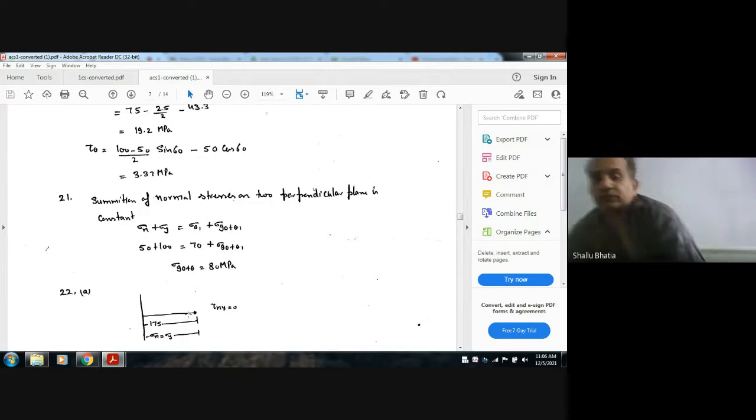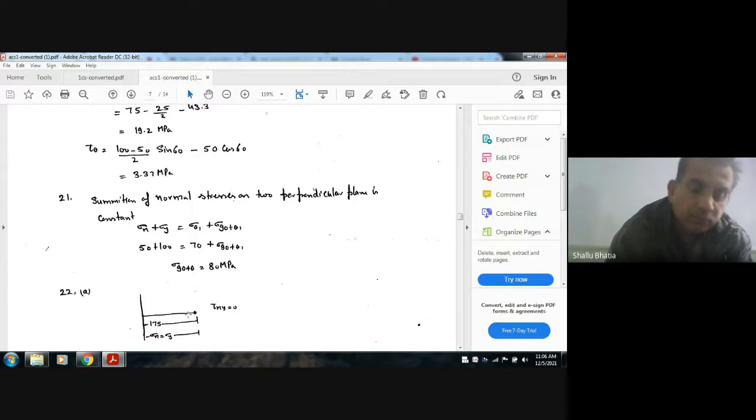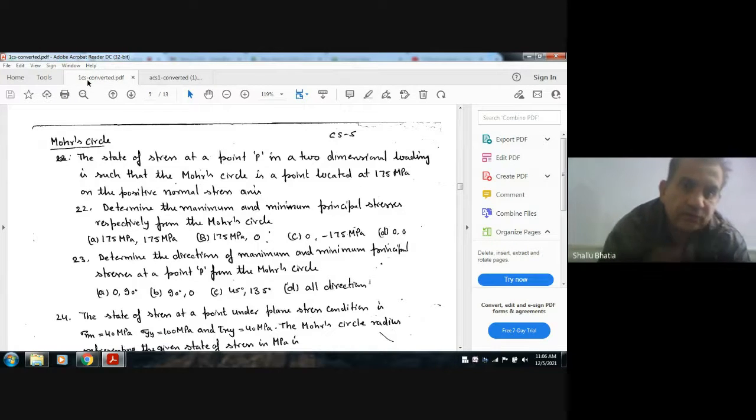Now, because the Mohr circle is a point, sigma x, sigma y, sigma 1, and sigma 2 will be the same. So sigma x and sigma y will be 175 MPa, and there will be no shear stress because there is no vertical component. So the answer to the first question, the maximum and minimum principal stress from the Mohr circle, is option A, 175 and 175.